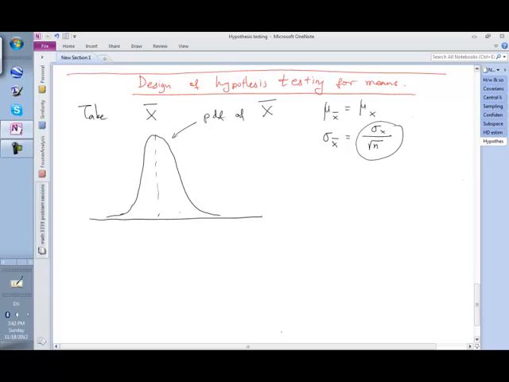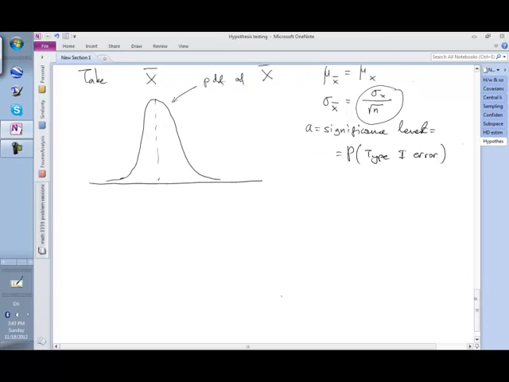So I'm taking this, and now I want to define a region. I want to define what is called significance. The significance level is the probability of the type 1 error. This probability is conditional.